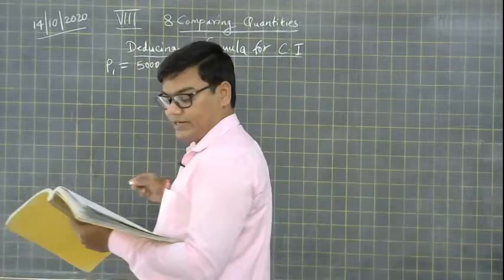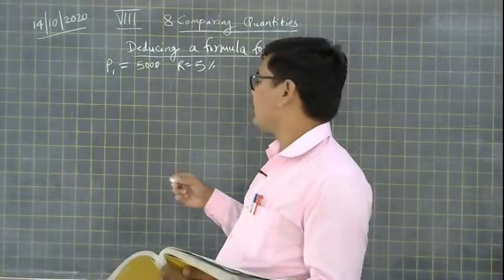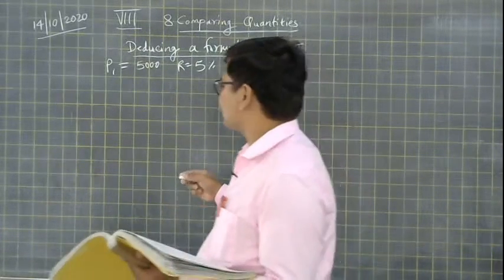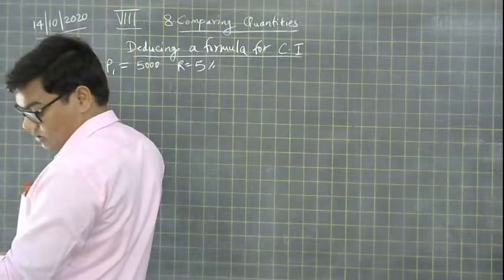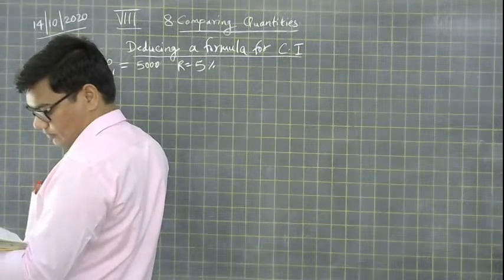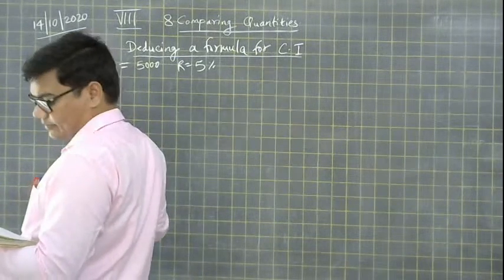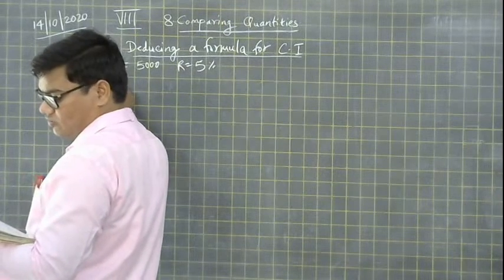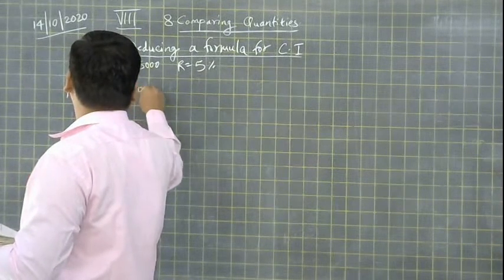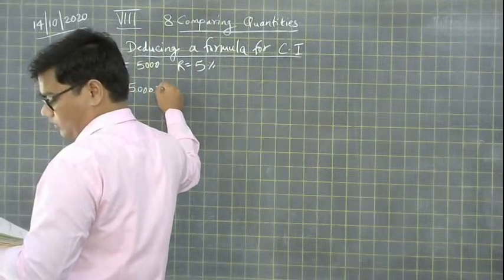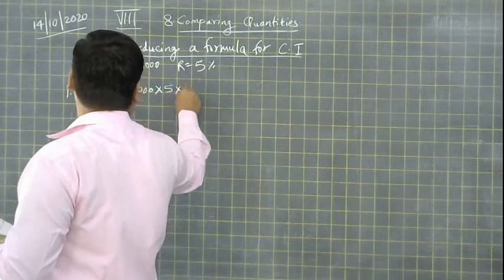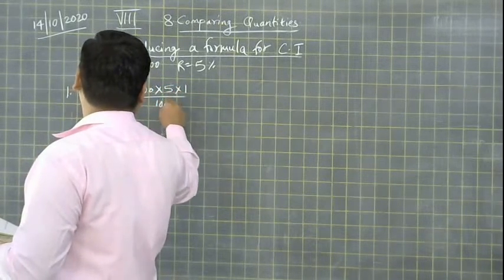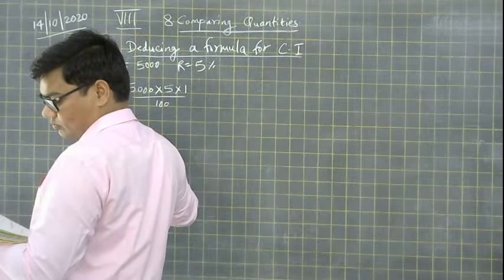Now simple interest for the first year is equal to 5,000 into 5 into 1 upon 100.